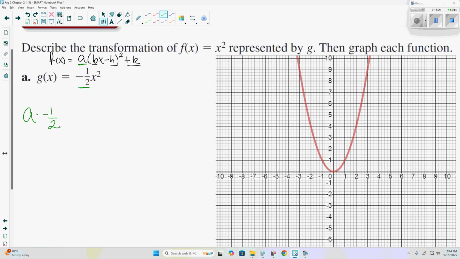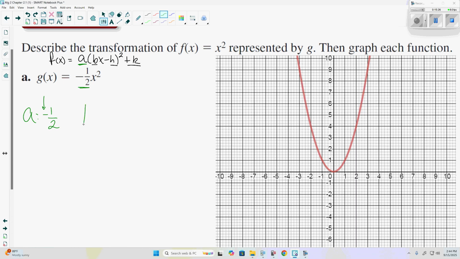How many transformations do we have for this function? 2. Because the 1/2 tells us that there's a stretch or shrink vertically. The negative is talking about a what? Reflection.